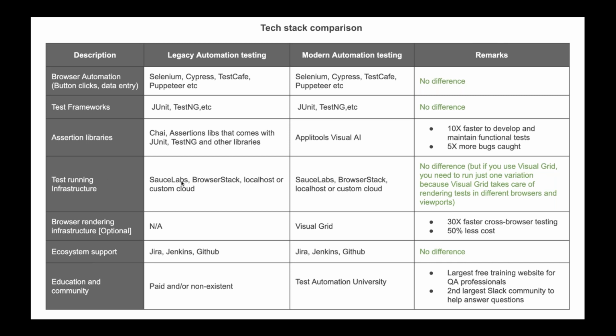In the test running infrastructure, there's really no change at all. Again, if you are running on different clouds, you can continue to run there. We also provide at Applitools something called a visual grid. We call it the Ultrafast Grid now, so you can run your tests in the visual grid as well. The main difference is that if you're using our visual grid, the screenshots are taken in the cloud.